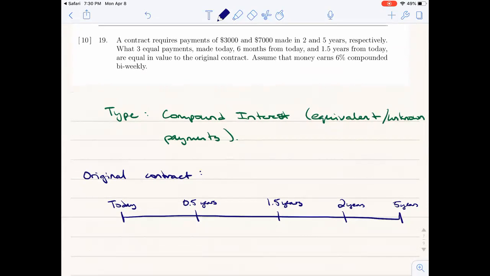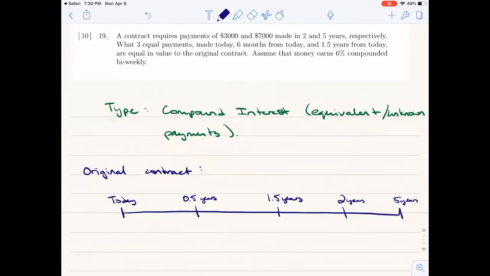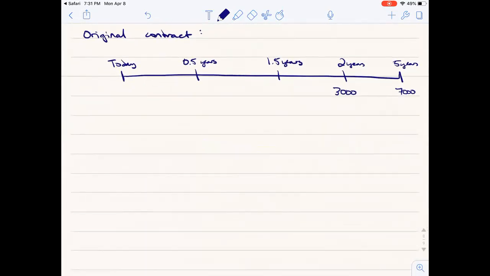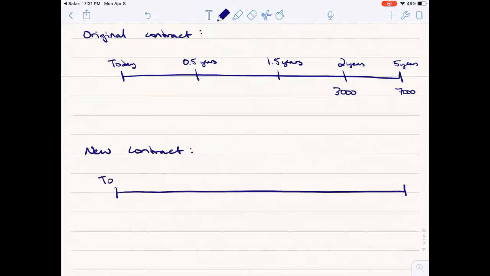So the original contract said, okay, you're going to pay $3,000 at 2 years and $7,000 at 5 years. And then the new contract has the same timeline. Today, half a year, 1.5 years, 2 years, and 5 years.